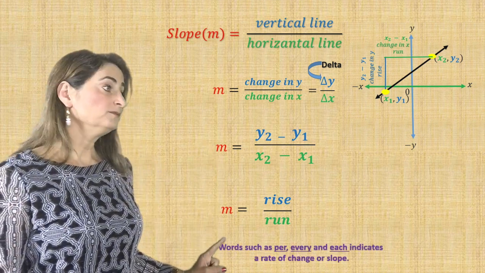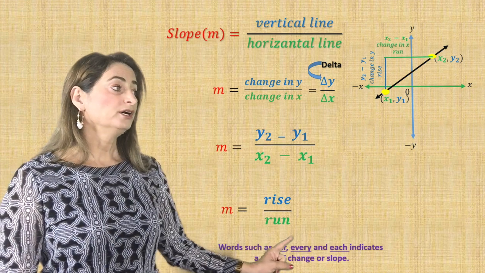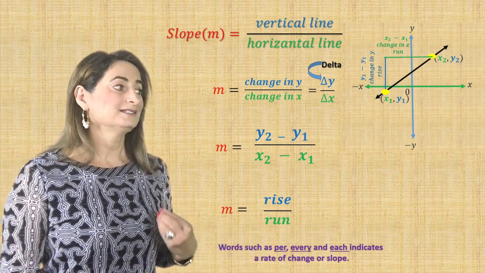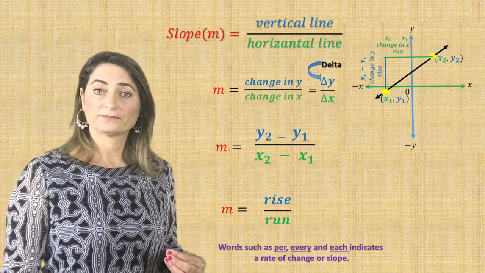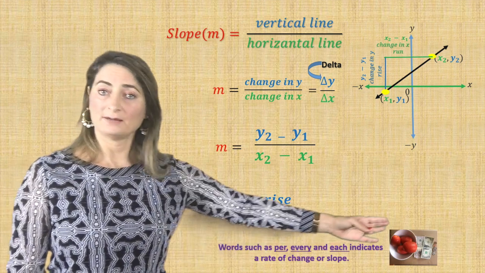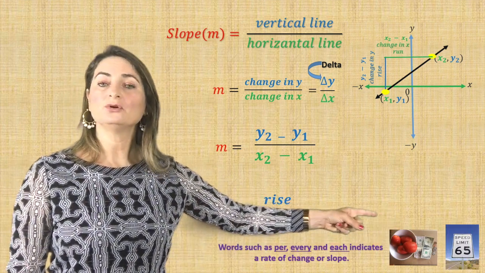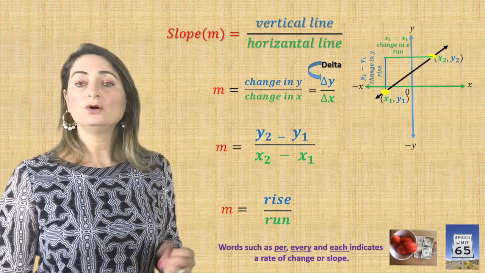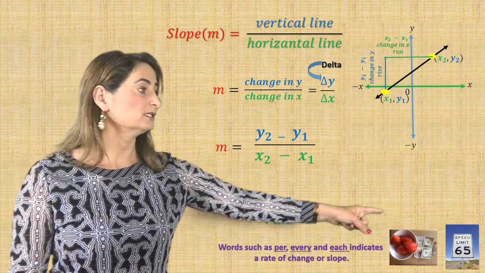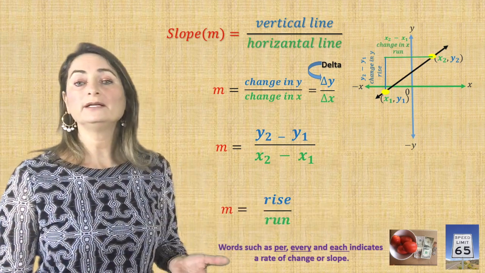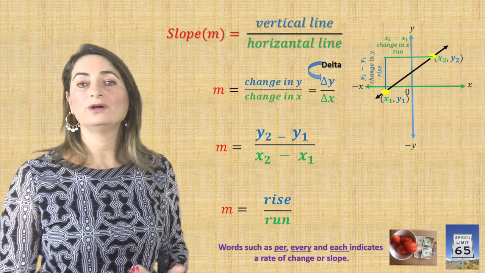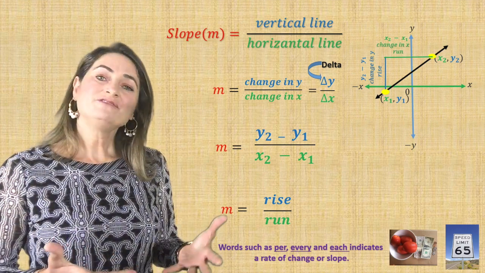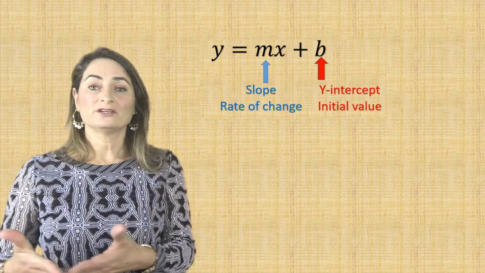In word problems, the words per, every, and each indicate a rate of change, for example the amount of money you pay for each pound of tomato, or the speed 65 miles per hour, relating the distance with the time.